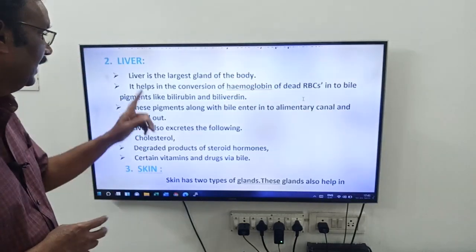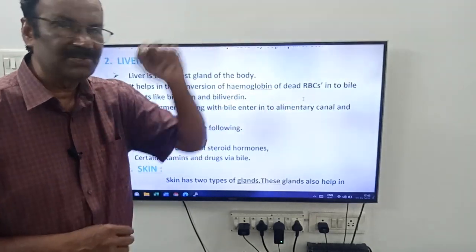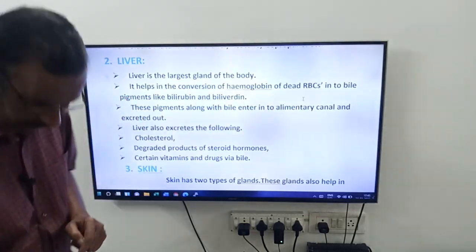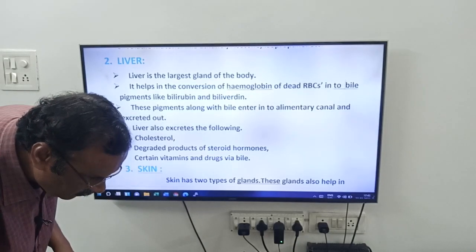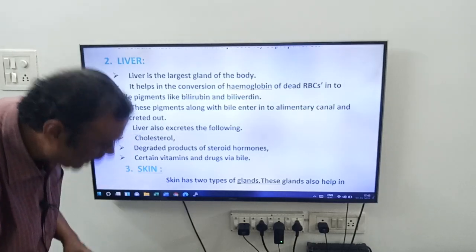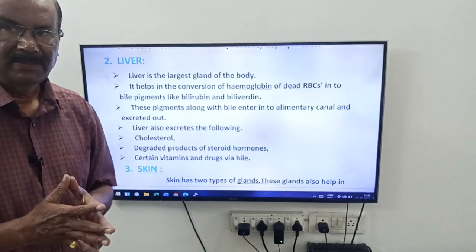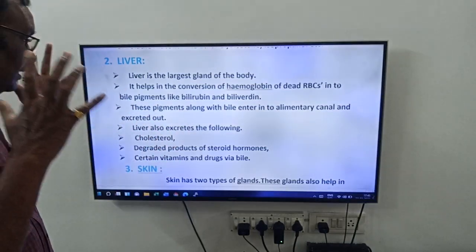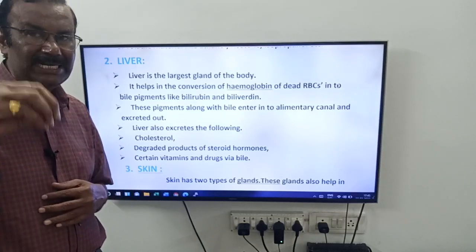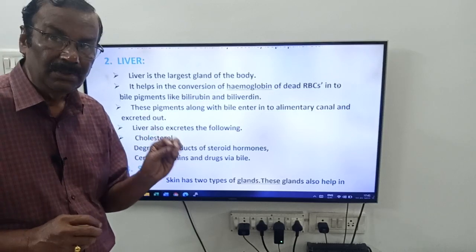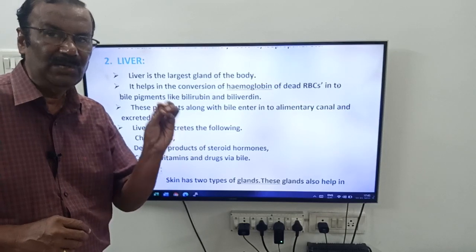Once again, the liver helps in the conversion of hemoglobin of dead red blood cells into bile pigments like bilirubin and biliverdin. Important.